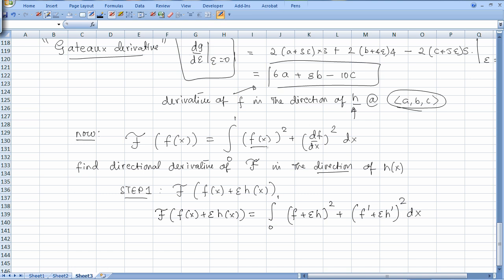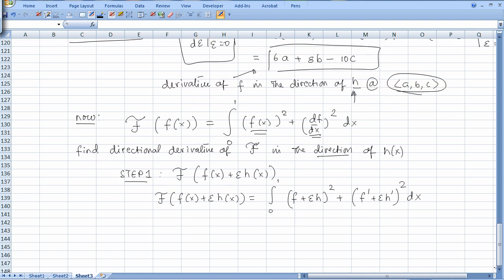All I did was, wherever I saw f of x, I replaced with f plus epsilon h. So far so good. Now this is some function g of epsilon. Can you see that? Because all the x is integrated out.